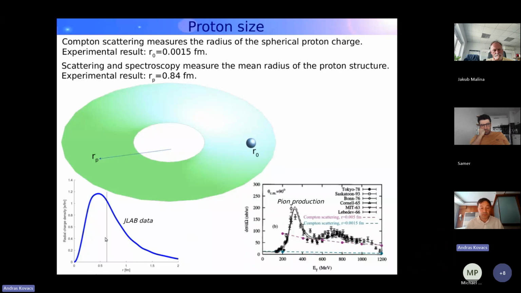So this is the high energy scattering distribution from JLab. What this shows is that the proton is kind of empty in the center, and it has some structure that extends between 1 and 1.5 femtometer, and the mean is at 0.84.